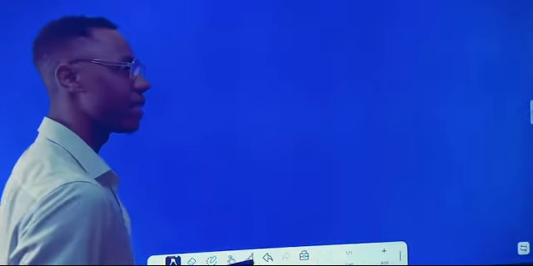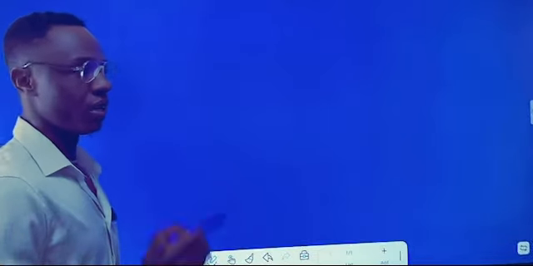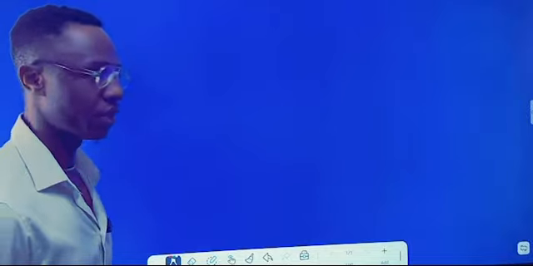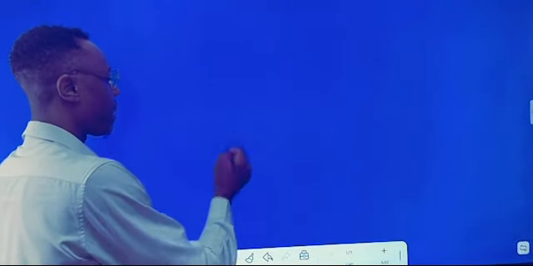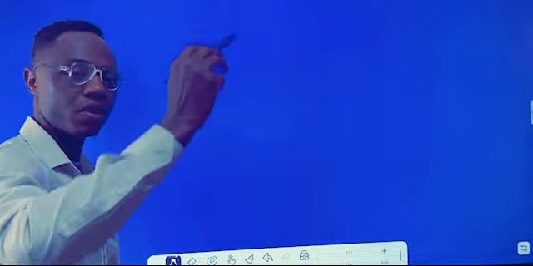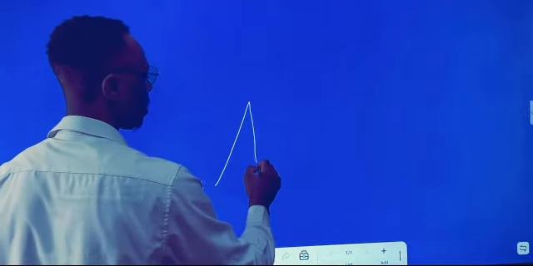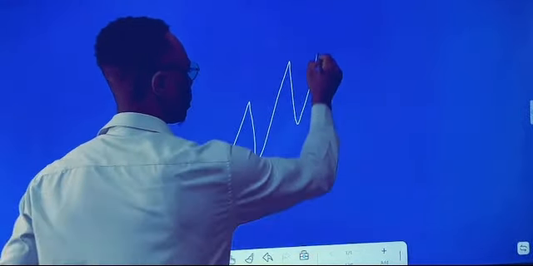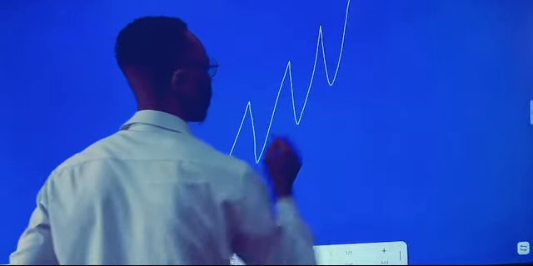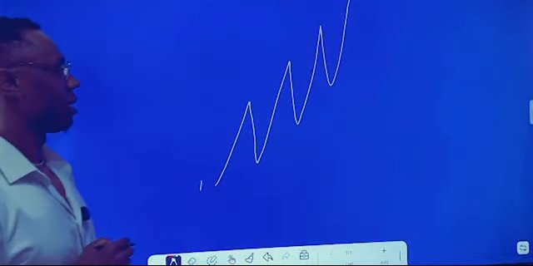We said when the price touches a certain zone 2 or more times, we can label that zone as support or resistance. The same way, when the price touches a certain level 2 or more times in an inclined level, you can call it what? Trend line. So assuming the price is going this way, comes this way, uptrend, all right?